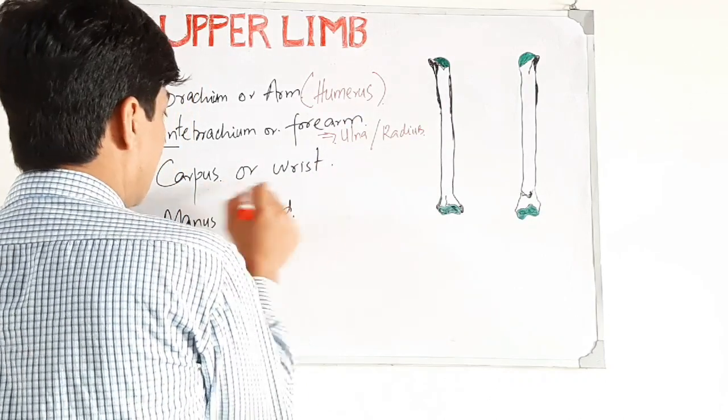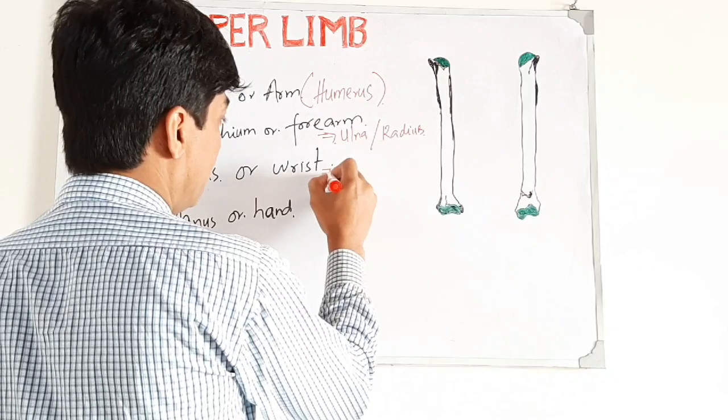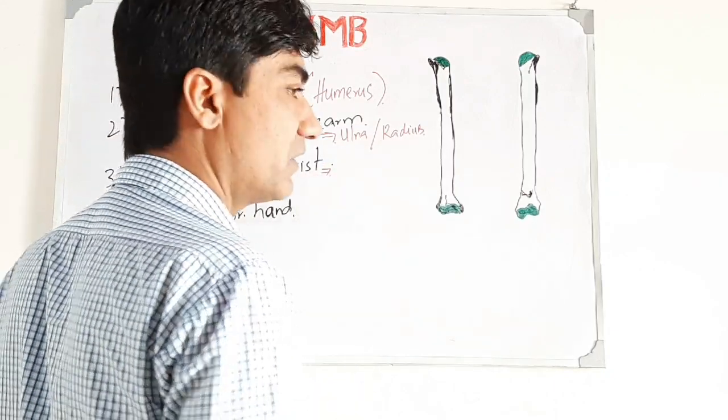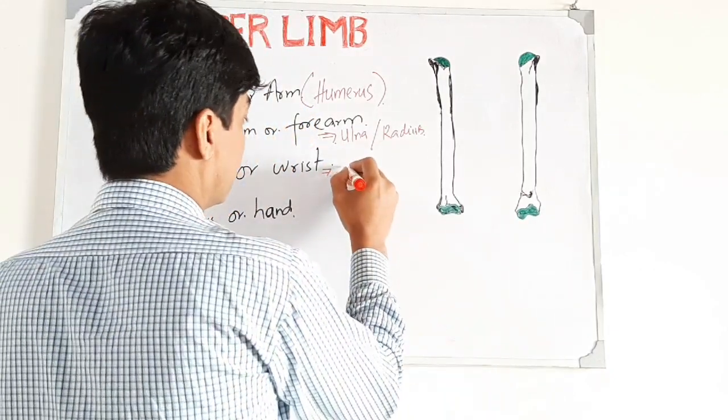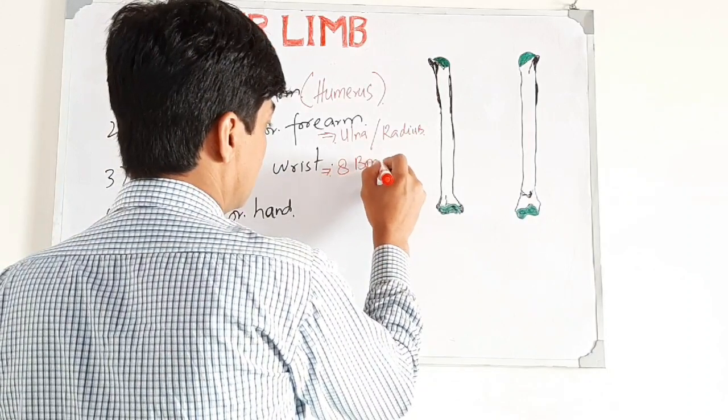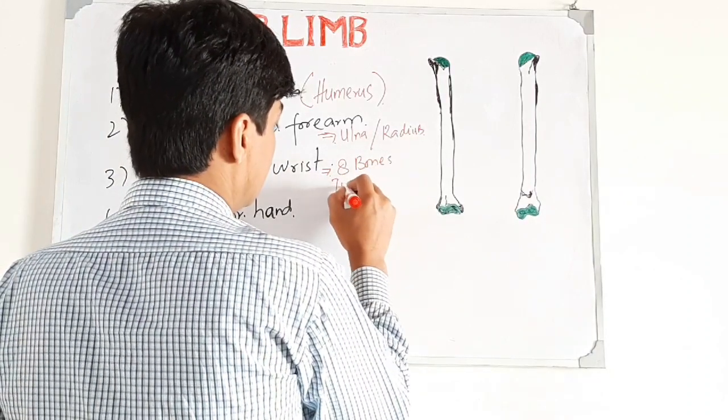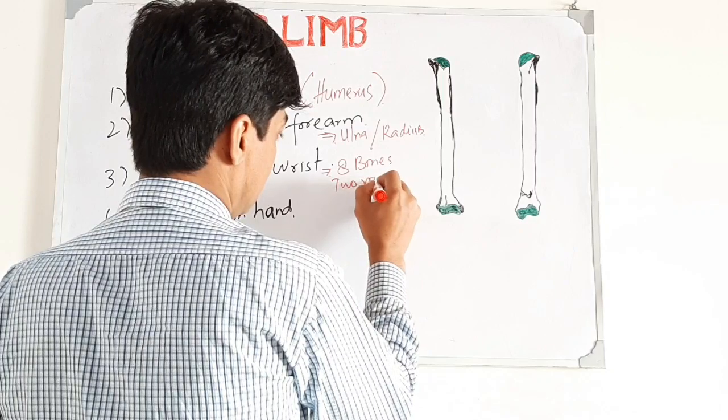And the third is carpus or wrist. Carpus or wrist consists of 8 bones in 2 rows.